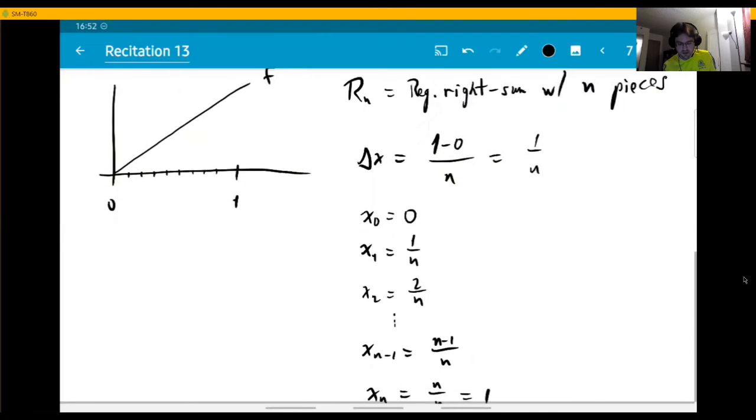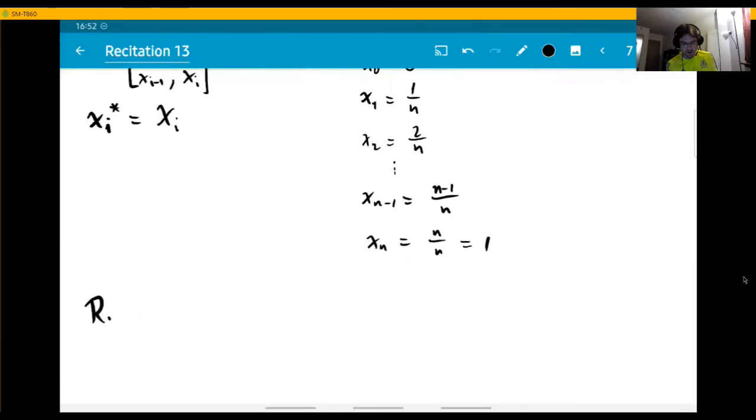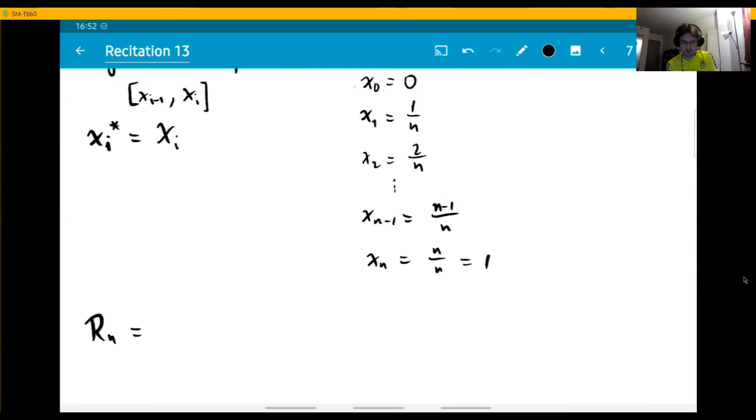And in each case, you're going to be selecting the sample point, xi star. Because this is a right sum, it's going to be the right endpoint of the interval. Remember the sub-intervals always go from xi minus 1 to xi. And the right endpoint is xi. Okay, so the Riemann sum Rn is going to be, let's look at the first one. The first interval is this one from x0 to x1. So the delta x is 1 over n, is always going to be that.